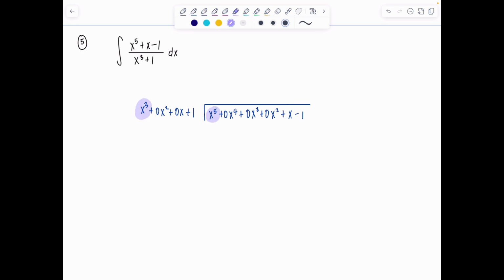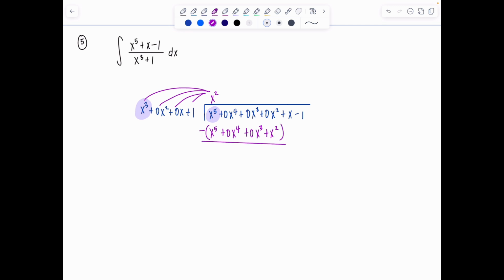Great. All right, just focus on the leading terms. What do you multiply x cubed by to make it x to the 5th? x squared. Then distribute the x squared. So we'll have x to the 5th plus 0x to the 4th plus 0x cubed plus x squared, and then subtract. Goodbye, gone, gone.